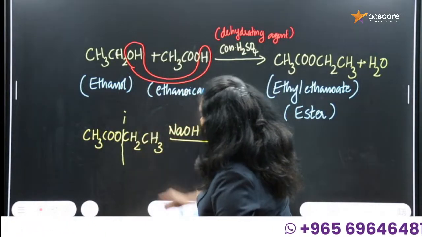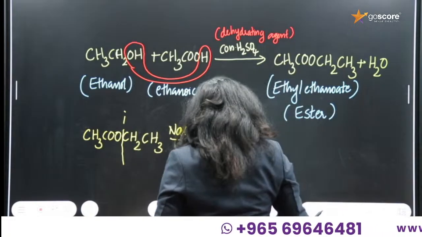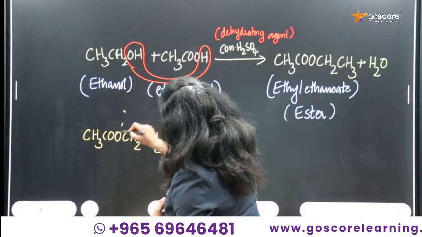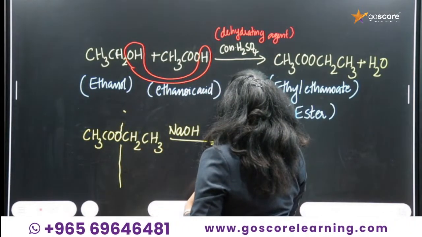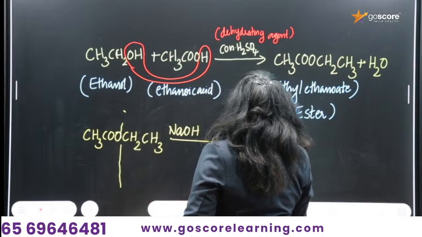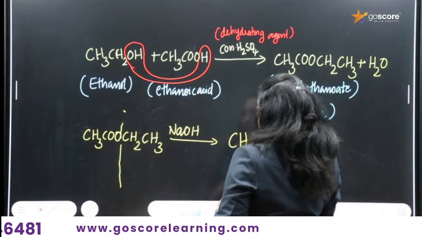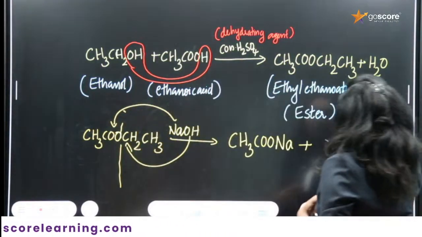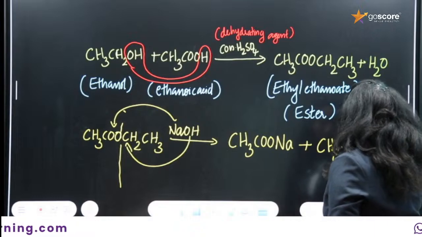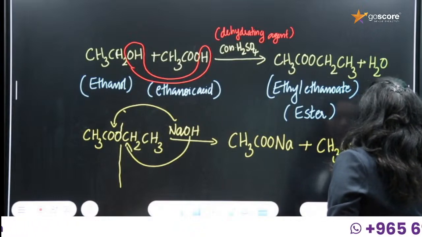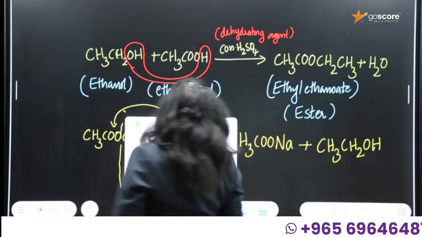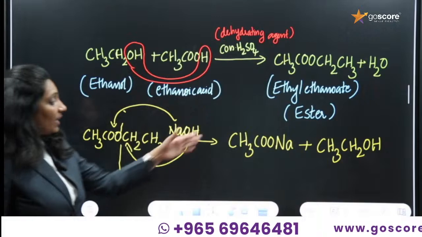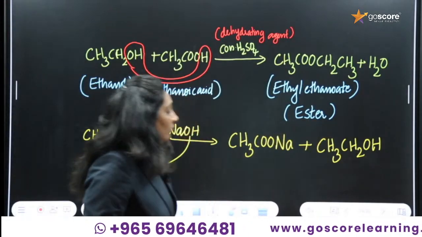The breaking will occur here, and you will get CH3COONa, this Na will come and bind here, OH will come and attack here, and you will get CH3CH2OH. That is the sodium salt of acetic acid, right? Sodium ethanoate plus ethanol will be getting.